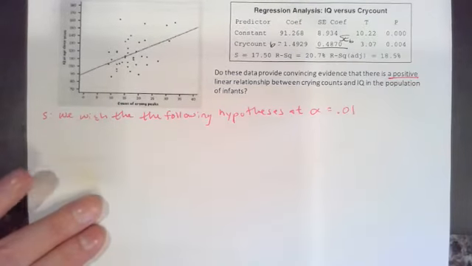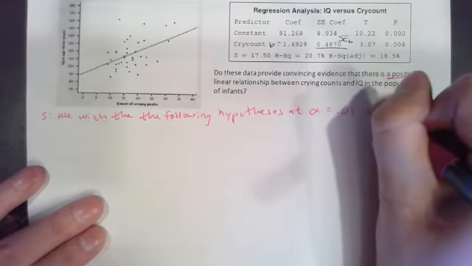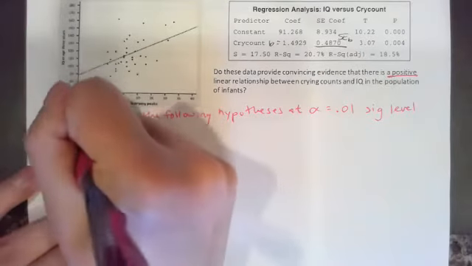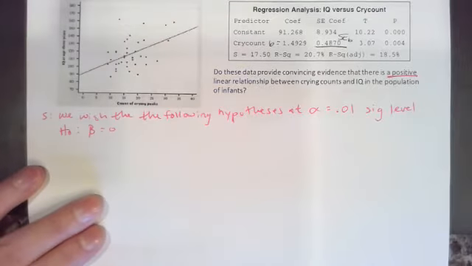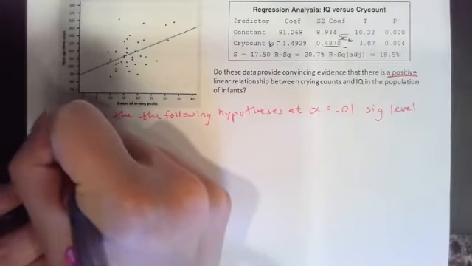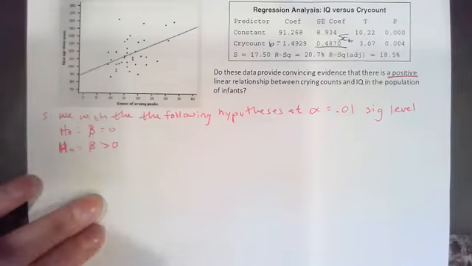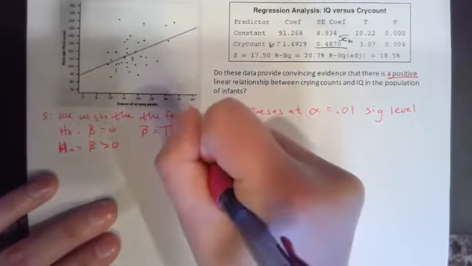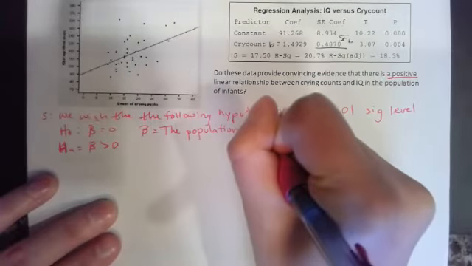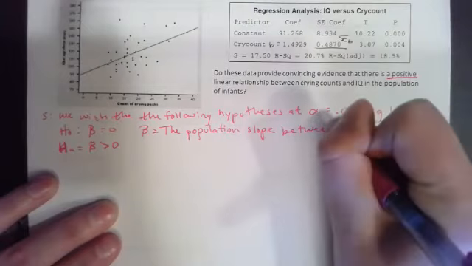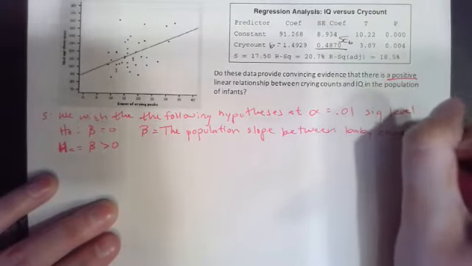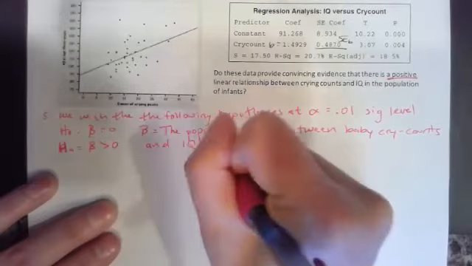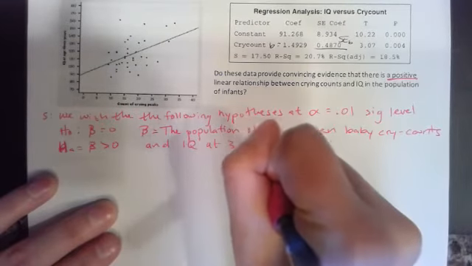At the 0.01 significance level, the null hypothesis is that beta equals 0, and the alternative hypothesis is that beta is greater than 0, where beta is the population slope between baby cry counts and IQ when they're 3.